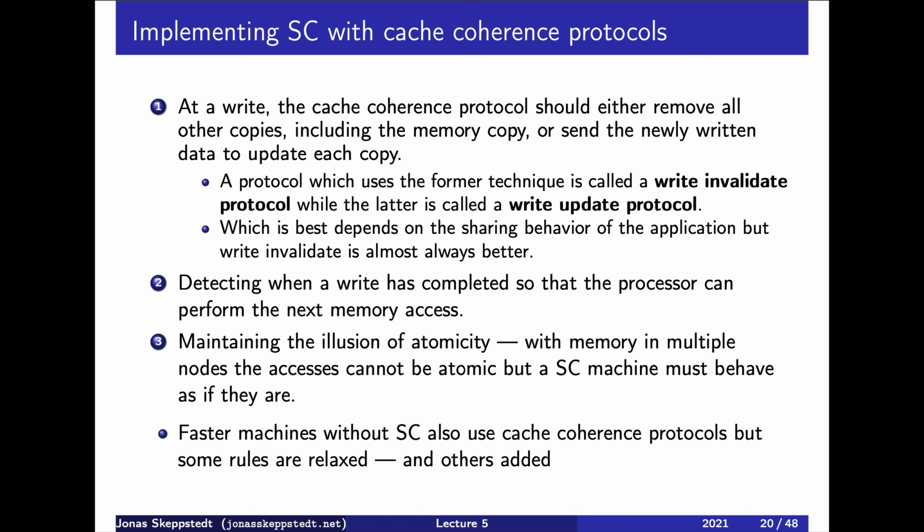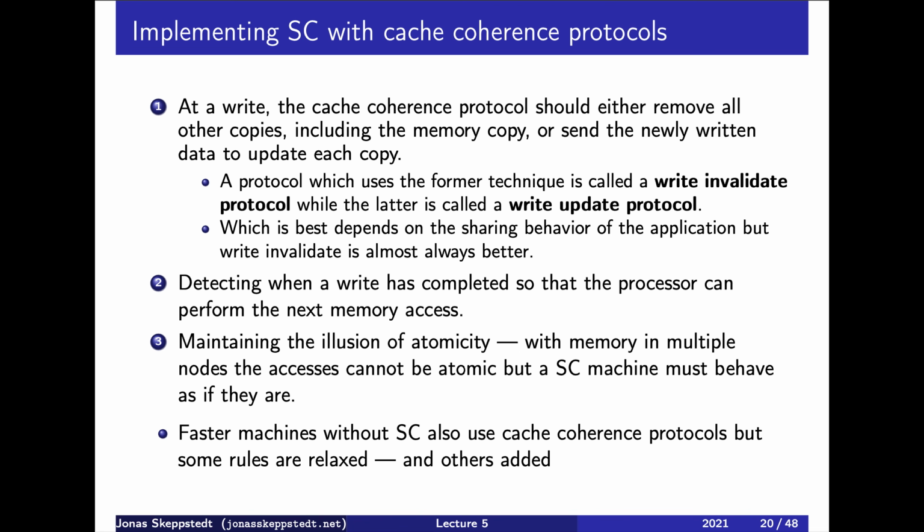And it can do that either by removing all the other copies, other than the one that is being modified, or it can send updates to the caches which have a copy, and to memory as well, of course.